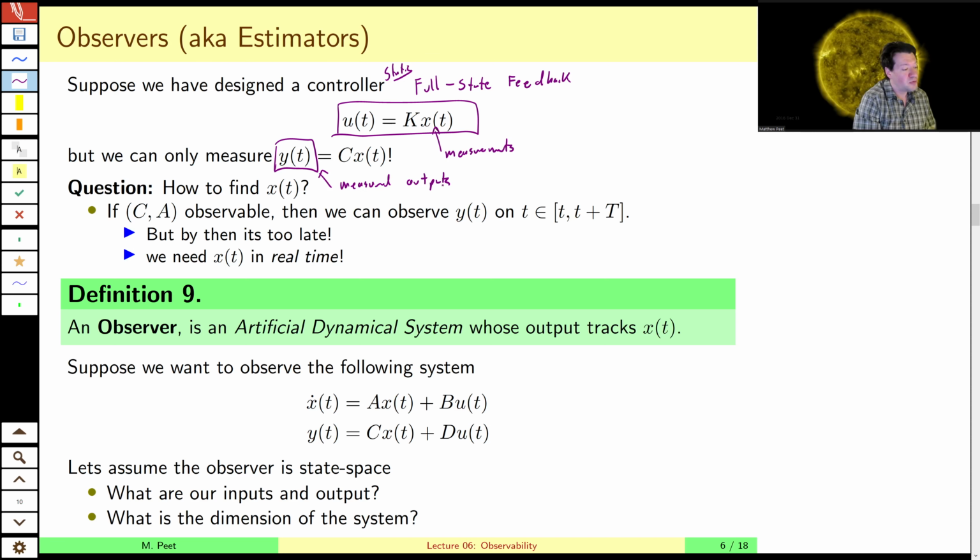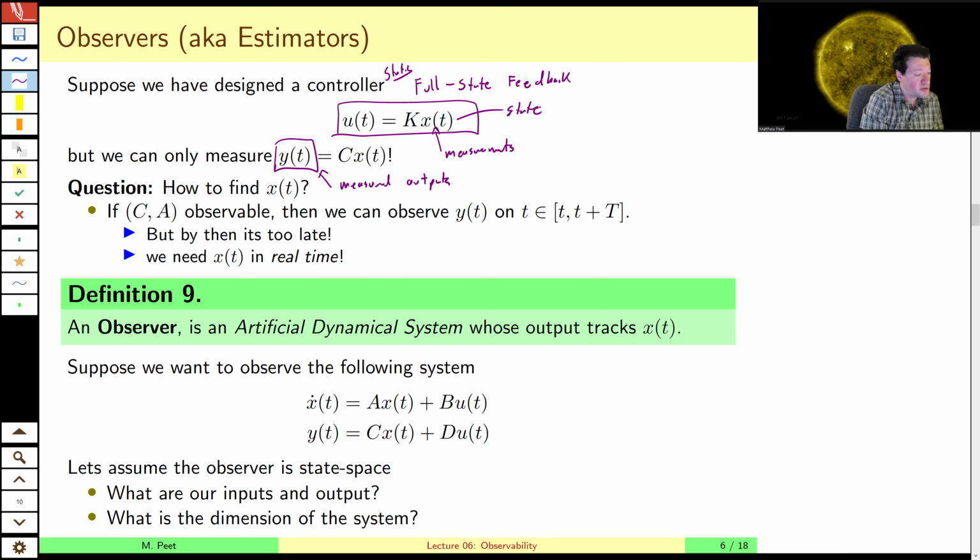And presumably there's some relationship between the states and the outputs, right? But there are most likely fewer outputs that we measure with respect to the number of states. So we've defined our controller in terms of these somewhat arbitrary choices of state.